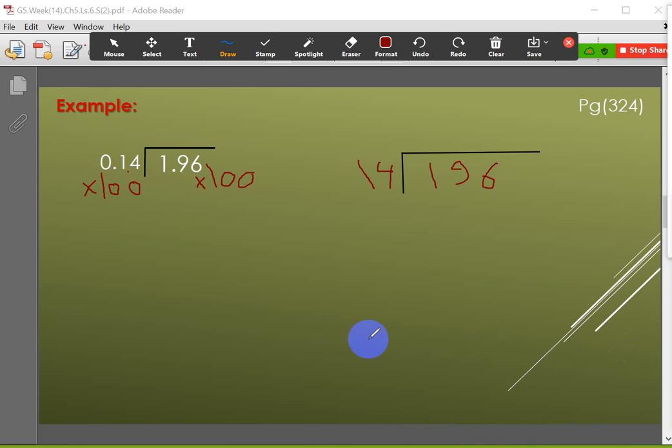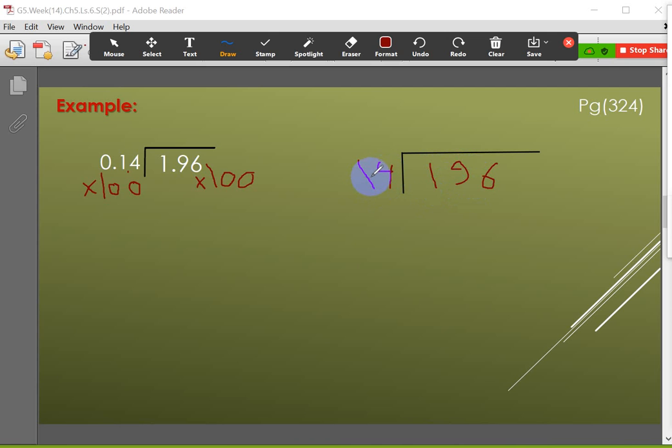Ghuzlan, open the mic and help me to divide those numbers. First thing, 1 divided by 14. Can I divide 1 by 14? I think no. I will take the 9, so it will be 19.